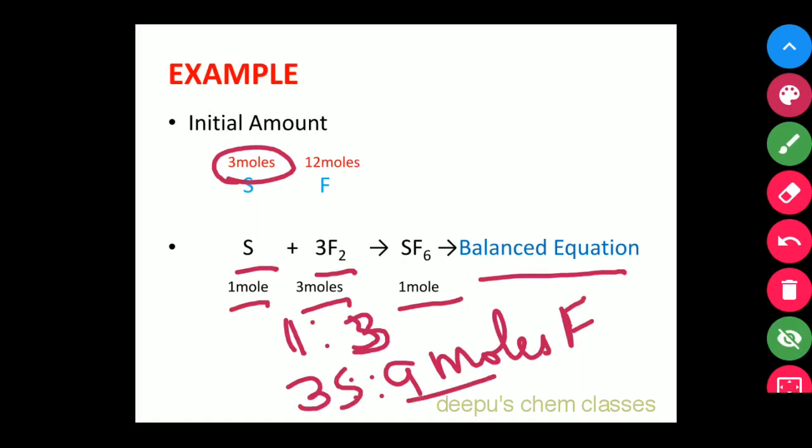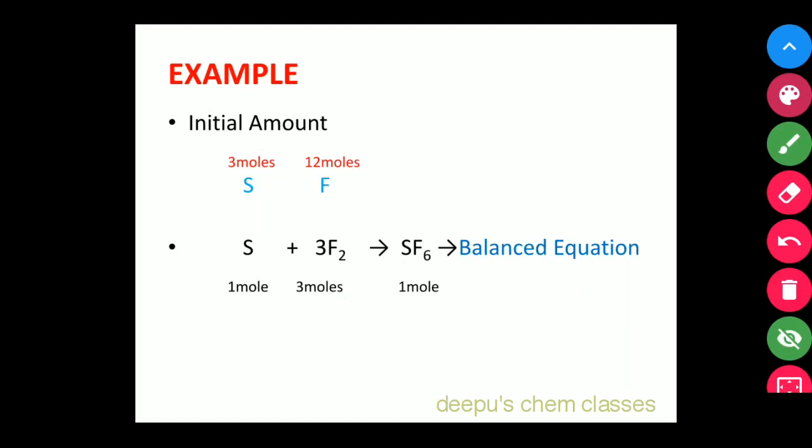This is according to our balanced equation, stoichiometric proportion, 1:3 ratio. So how much is remaining now from 12 moles? Only 9 moles can react with the 3 moles of sulfur. So the remaining 3 moles of fluorine is present in excess.